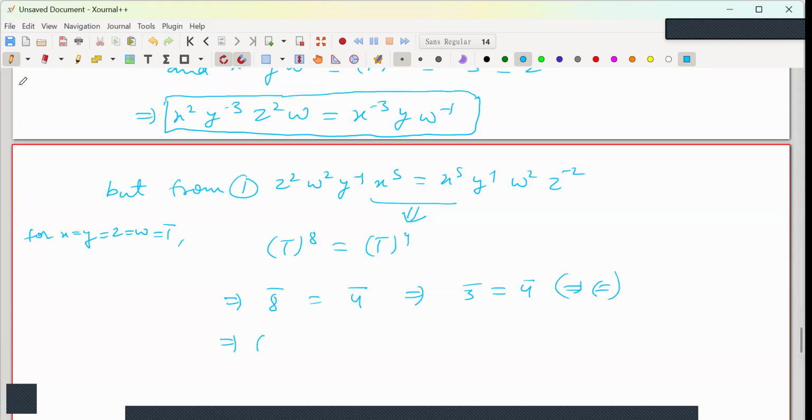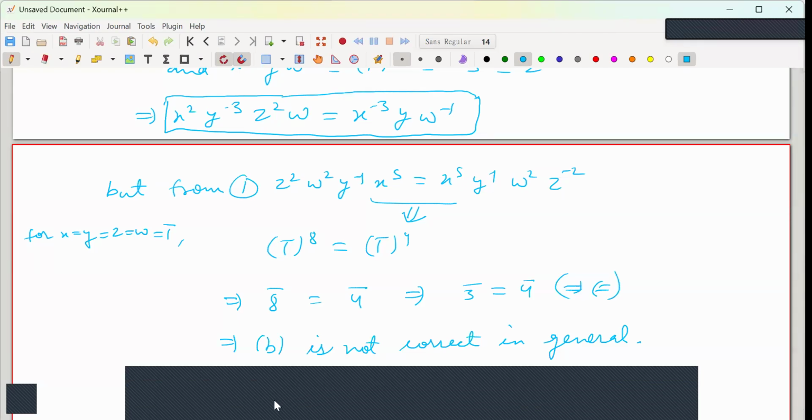So B is not correct in general. Intuitively we might be getting the answer, but in maths many times intuitions fail. So unless we have a counterexample, we should not say with full confidence that this option is correct or that option is wrong. In most cases with such examples, definitely your intuition will work out.